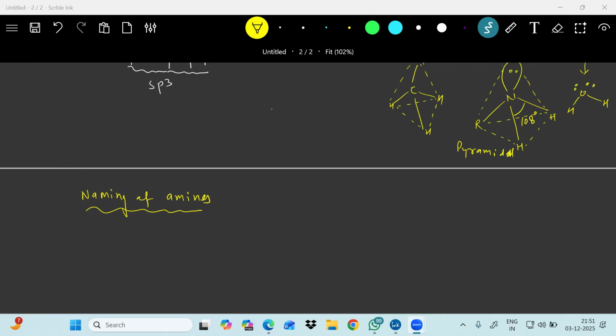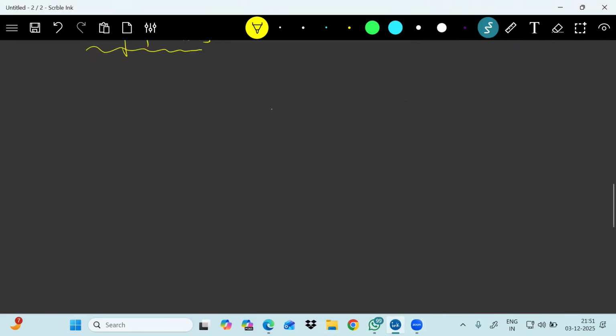So, naming of amines. When we talk about naming of amines, the suffix which we will use, the secondary suffix, is amine, and as prefix, this is used as amino.